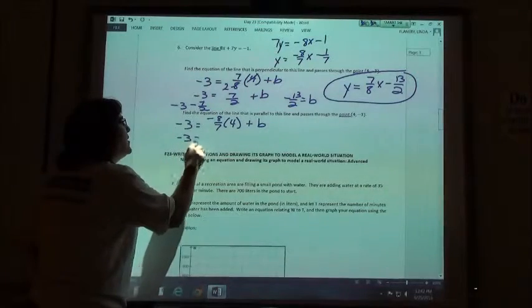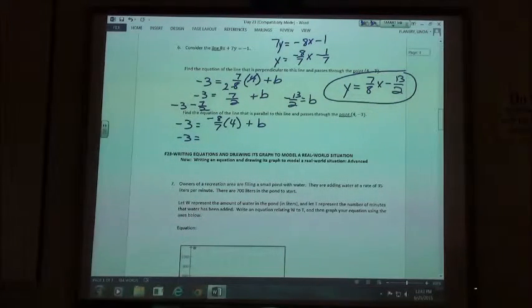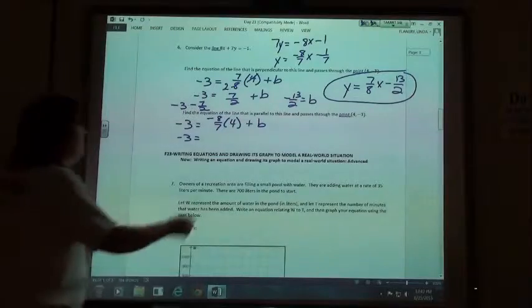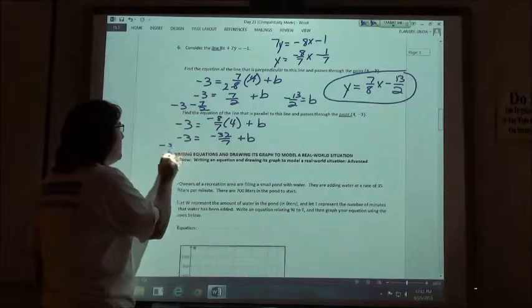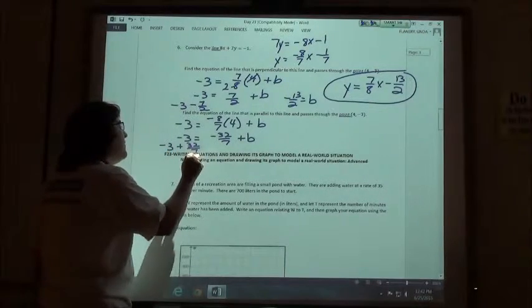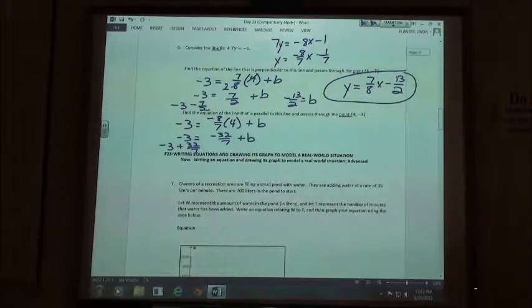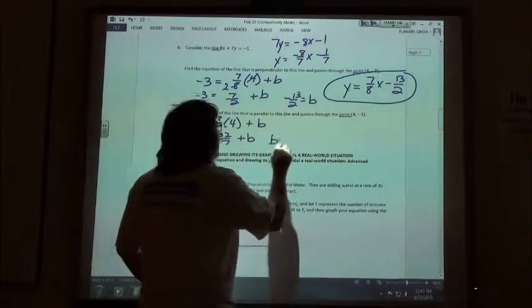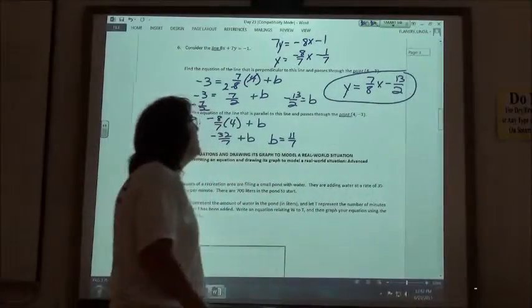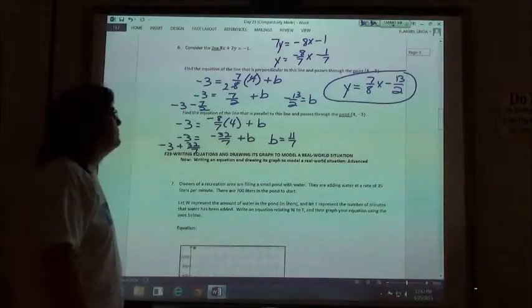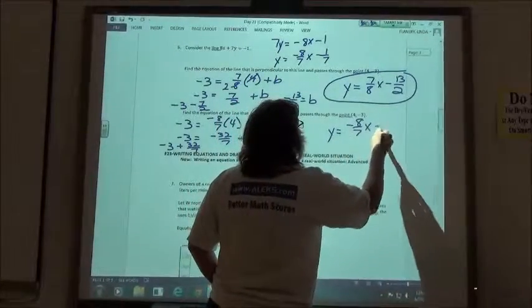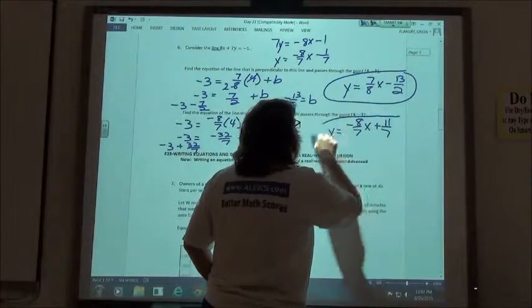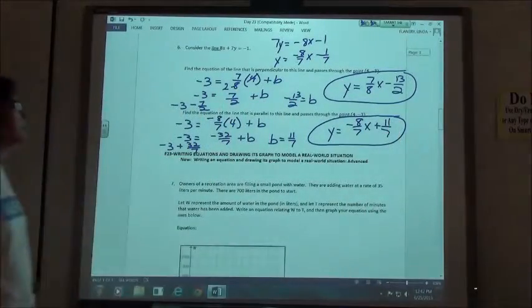So negative 3 is going to equal, when you multiply that one out, negative 32/7. No reducing on that one. So we have to take negative 3 and add our 32/7. That gives you 11 over 7. So our equation would be y equals negative 8/7 x plus 11/7.